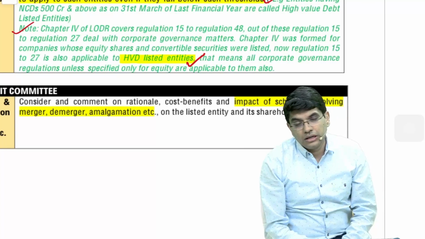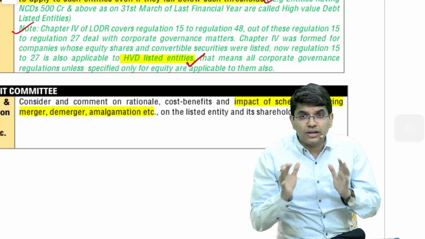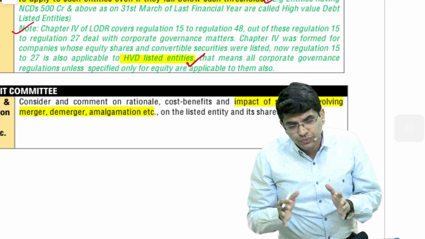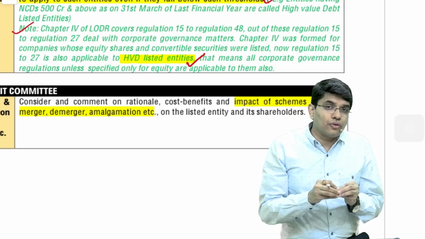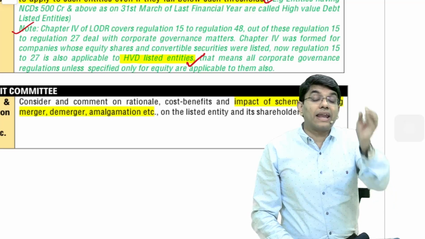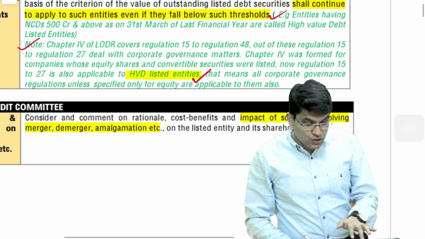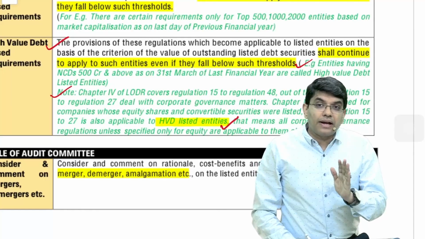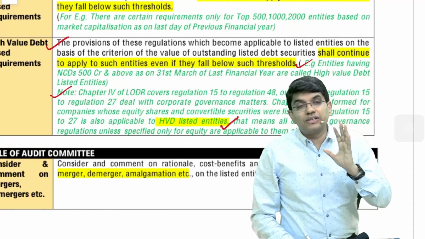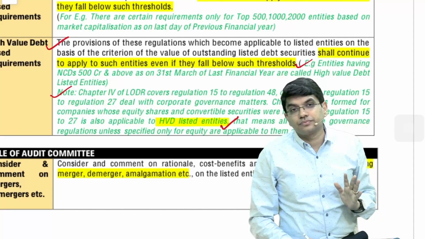That's a big change. So all the corporate governance requirements which we study in audit in the corporate governance chapter, all of them were applicable for entities where equity shares or convertible debentures are listed. Now they are applicable even to HVD listed entities. That's a big change, guys. So you keep in mind now, HVD listed entities need to follow all the corporate governance requirements of LODR.